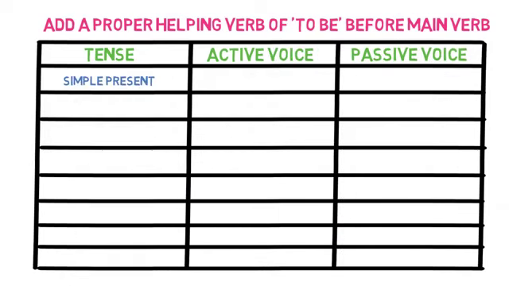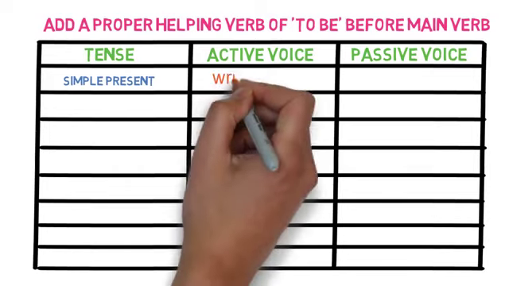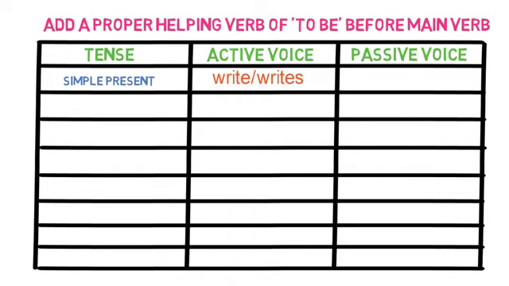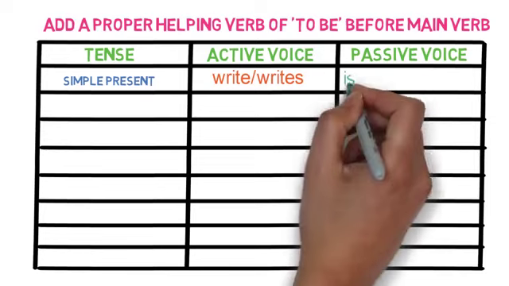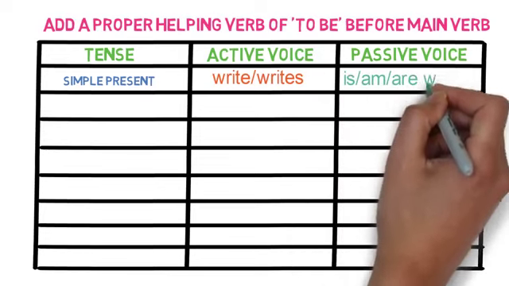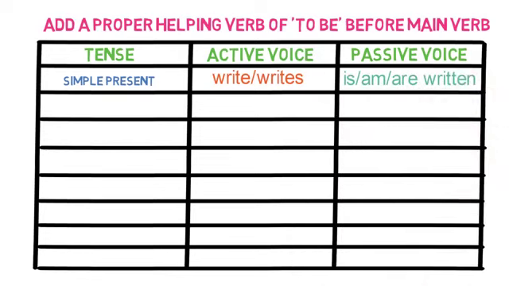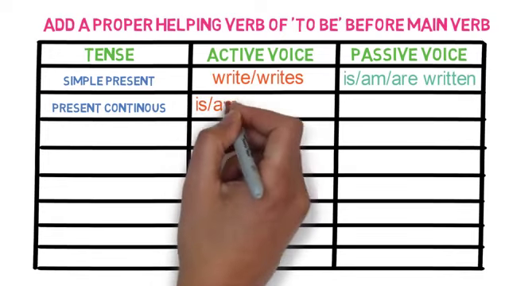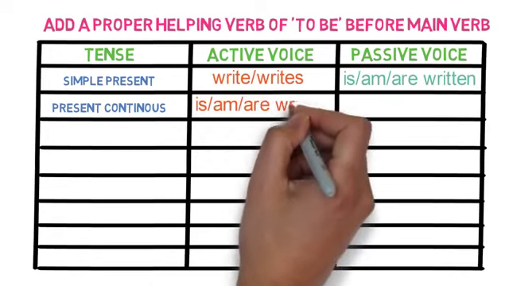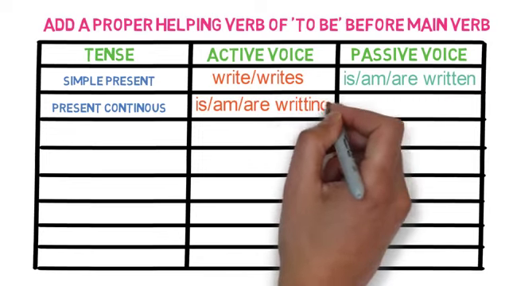Simple present. Here in active voice we have verb's first form, write or writes, while in passive voice we add is or am or are, depending on whether the object is singular or plural, and written. For present continuous, in active voice, we have is or am or are, depending on whether the subject is singular or plural, and writing.